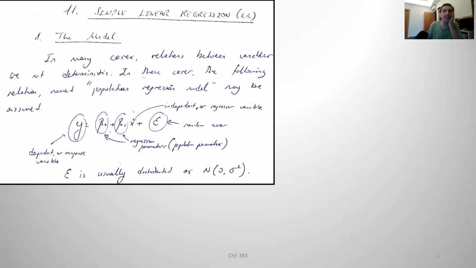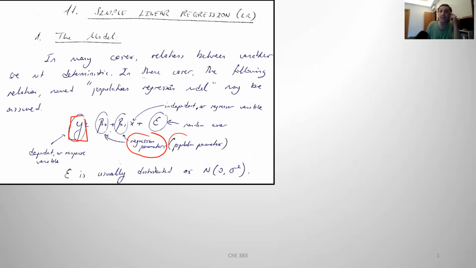Now we're going into a more focused area. In the previous lecture, I talked about a general view of statistical models. Now I'm going to be emphasizing the view from the linear regression perspective. From this perspective, y is going to be our dependent or response variable, where beta 0 and beta 1 are our regression parameters.